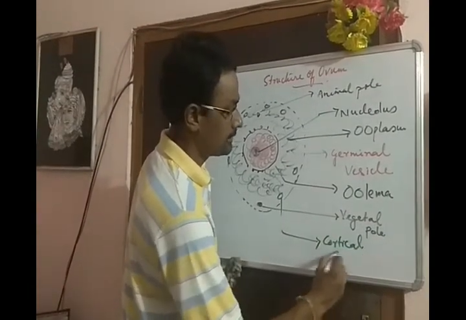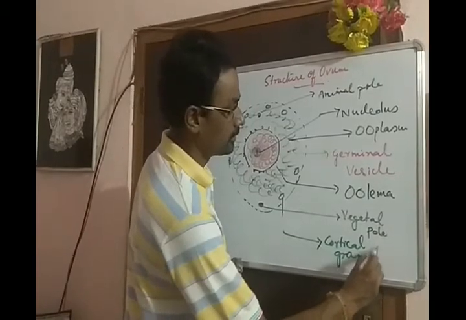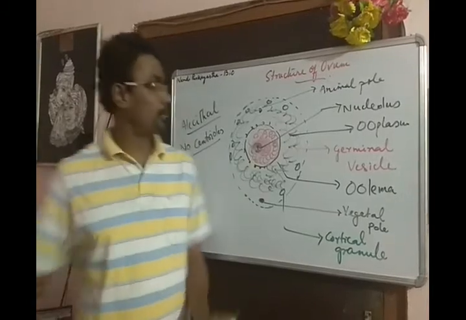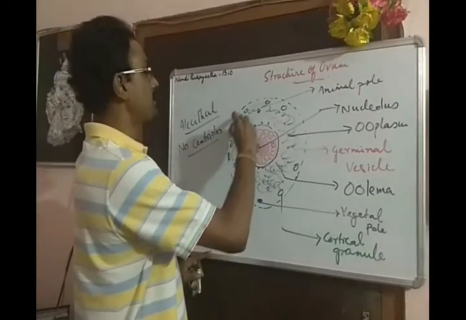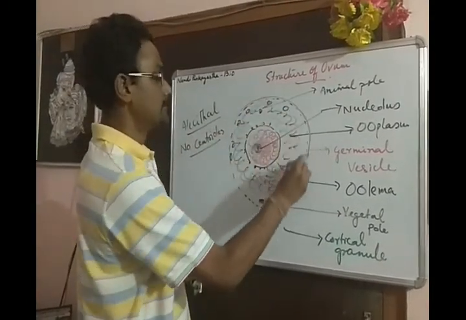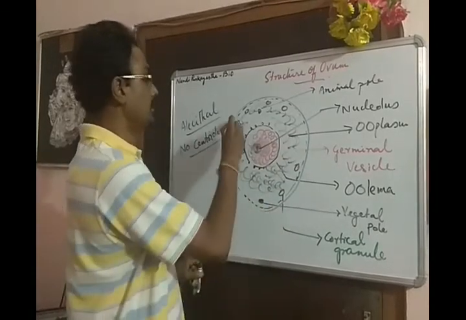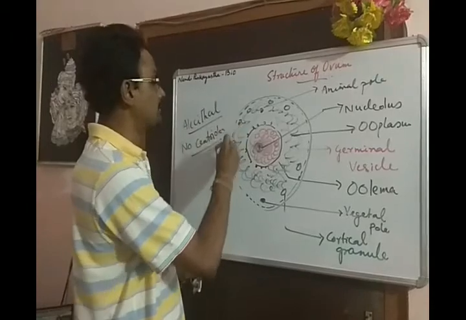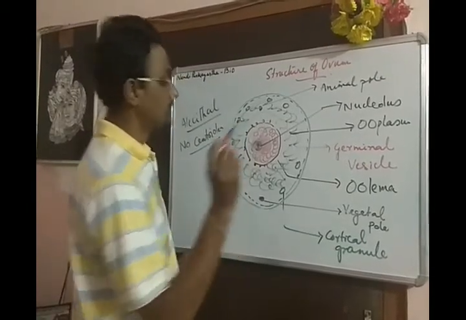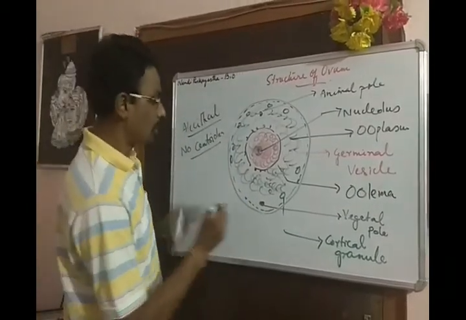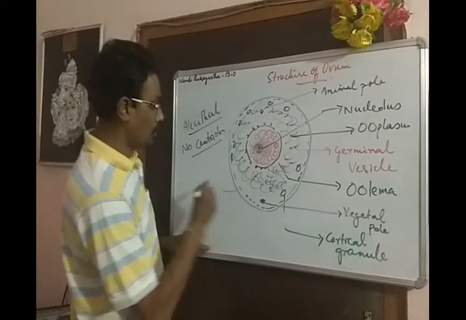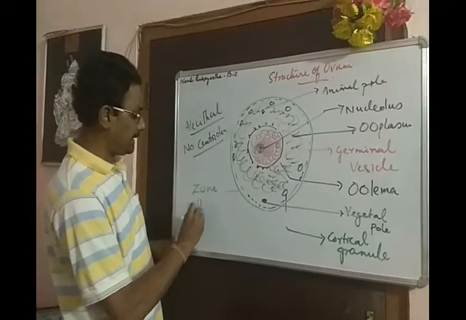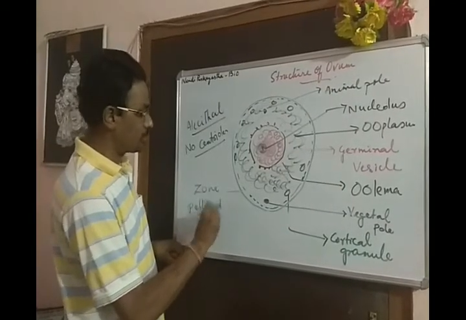I'm now putting blue color. You put a concentration here. Just above that, you are finding the occurrence of a layer. This is called, here I am writing, zona pellucida, Z-O-N-A P-E-L-L-U-C-I-D-A. Zona pellucida.